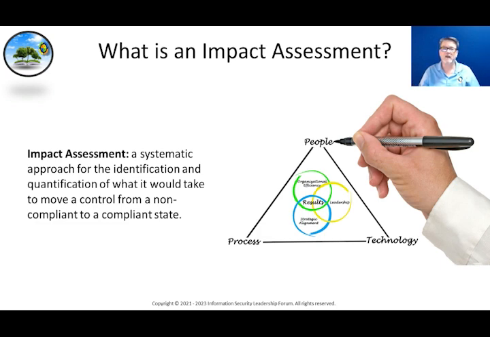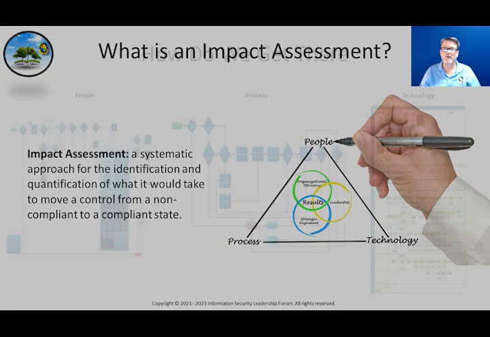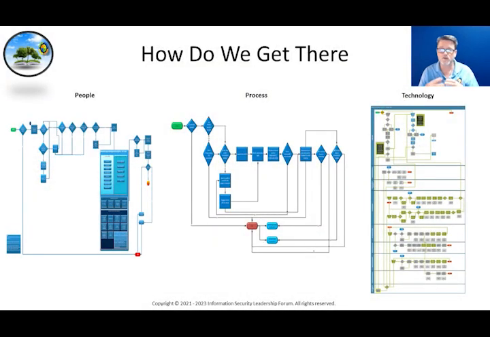As you can see from the diagram, we do consider people, process, and technology as it relates to that. We're not going to go into the step-by-step details of how you do that. Suffice to know, when we do it in our consulting practice, we have our own deep thoughts on this, especially on the technology side.